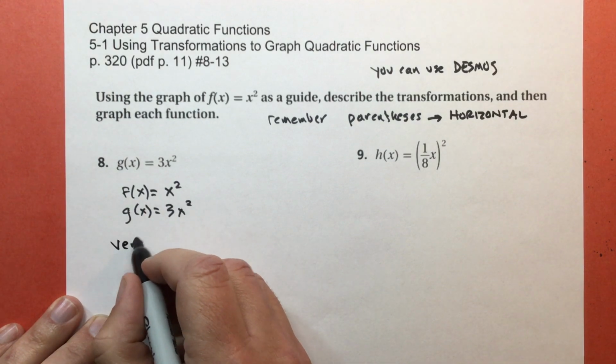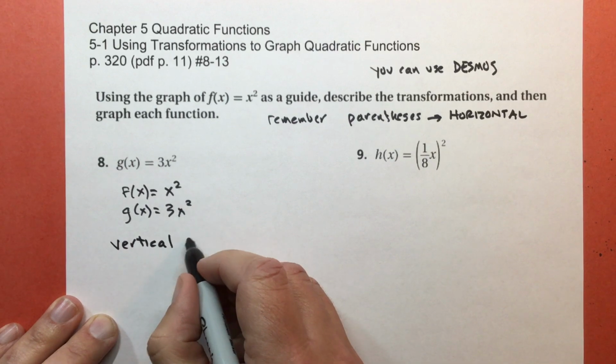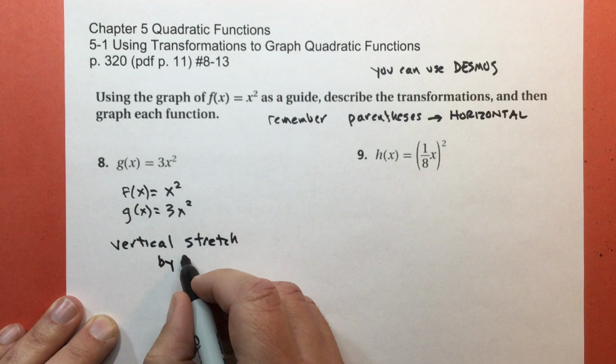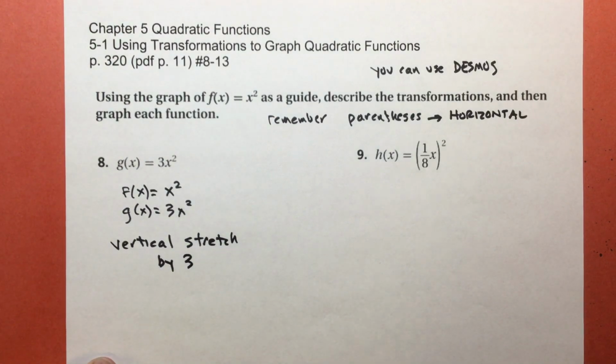This is a vertical stretch by 3. And if you graph it, you're going to end up with a graph that is skinnier, more narrow than the parent function. And that's all there is to that one.